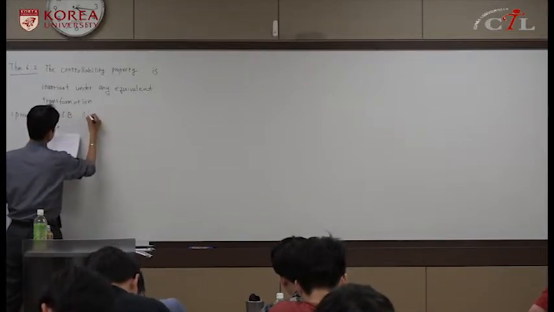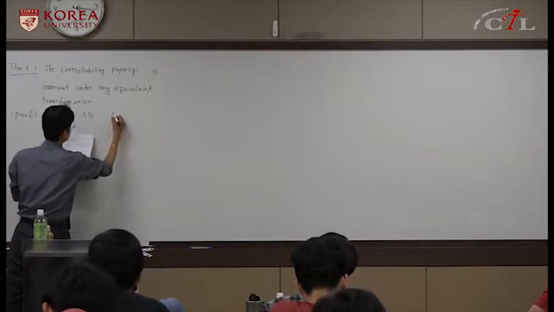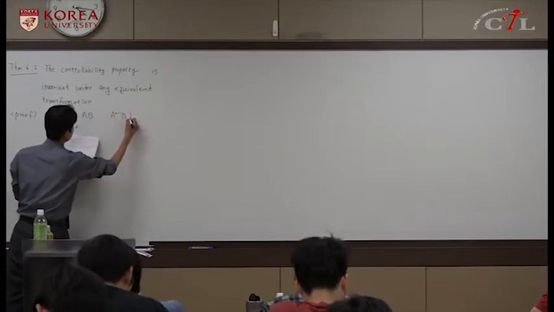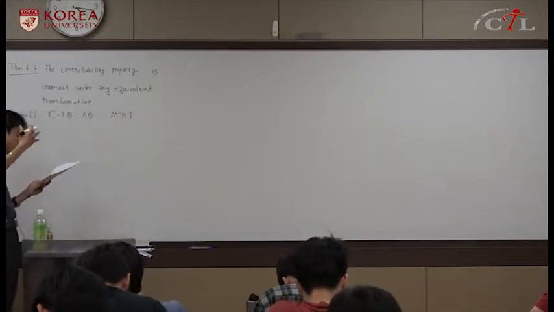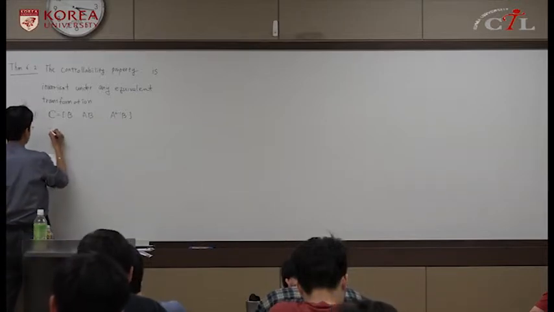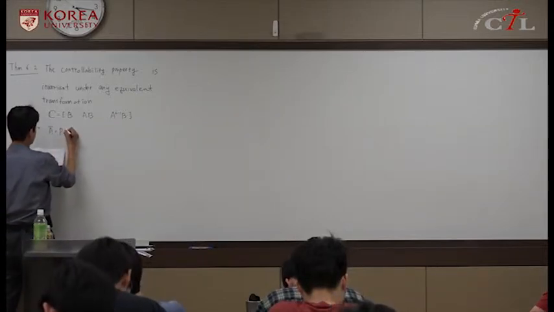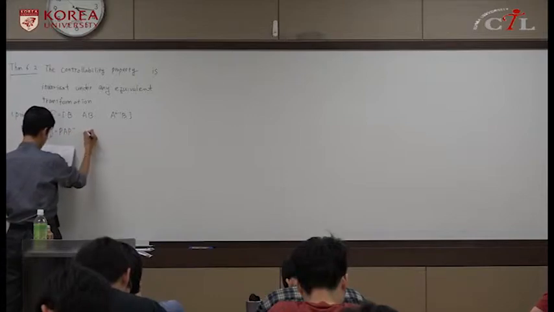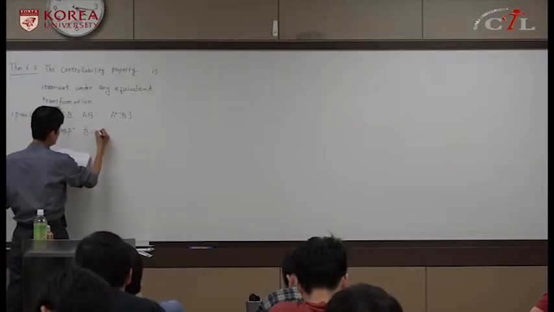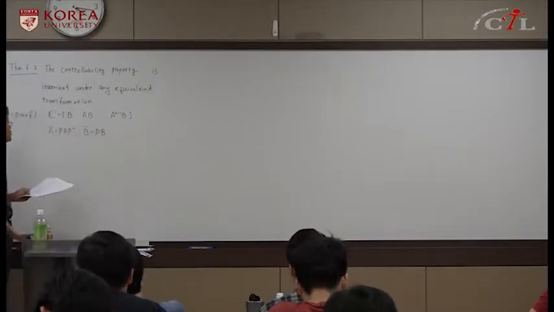The controllability matrix is [B AB ... A^(n-1)B], and we have a transformation P such that A bar is PAP inverse and B bar is PB, where P is a non-singular similarity transform matrix.